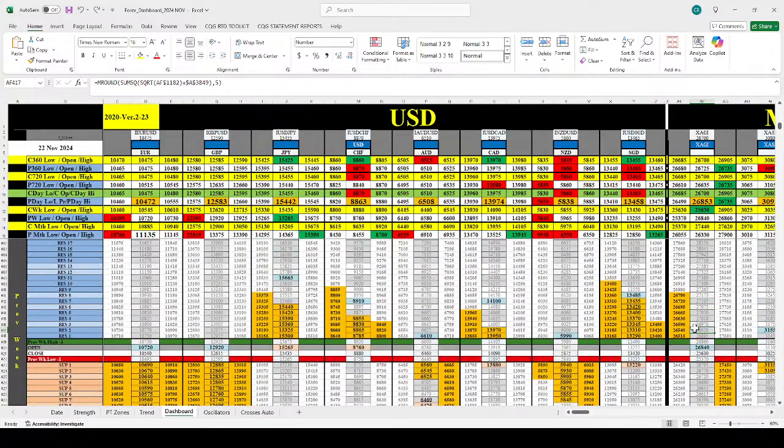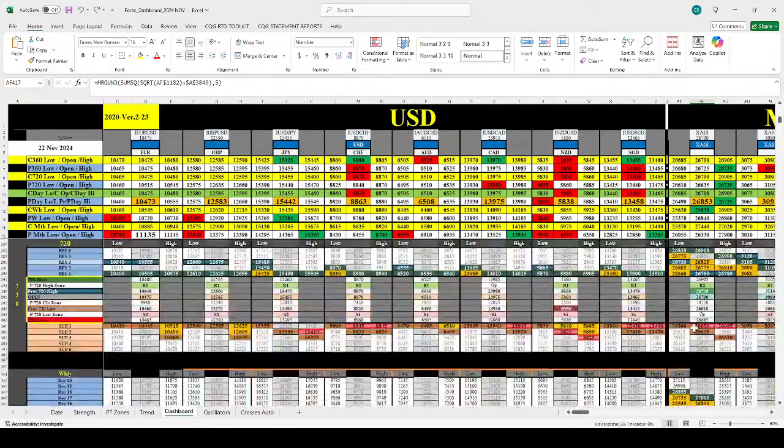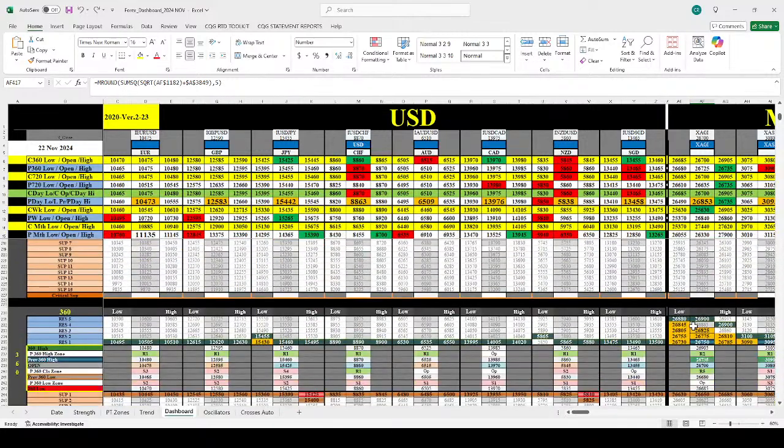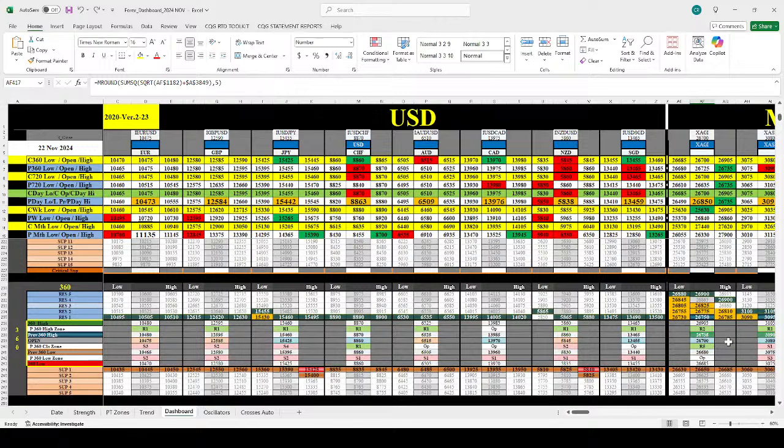At 92, there is also strong resistance. Now, how are we going to trade this? We have another 19 more minutes left for this time belt to finish and reset. So we will discuss this after 20 minutes. Then we might even get a better vision.